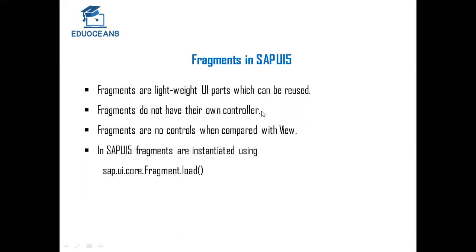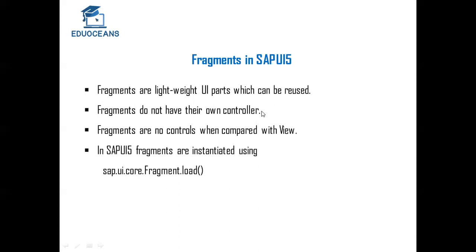Suppose in a simple case you get a requirement that you need to display a More button on top, anywhere. There is no space at all. The space is not there on the view, and you cannot display the details on the view. So what will you do? You will open one fragment.